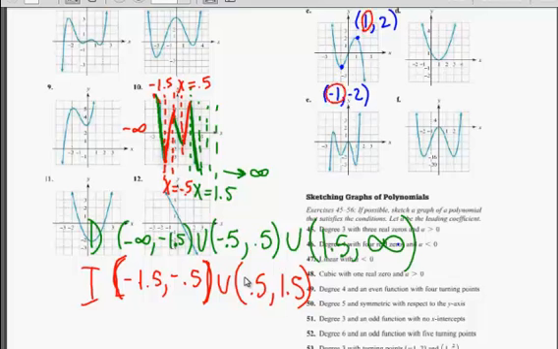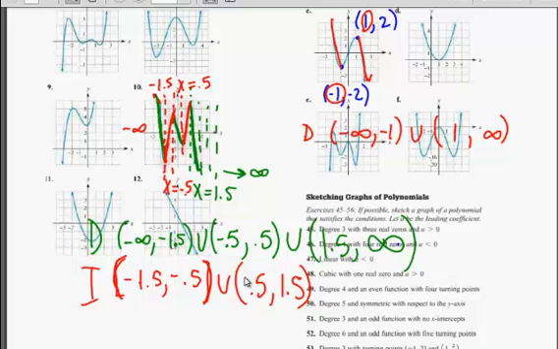If it helps, mark your turning points, because your turning points is where you go from increasing to decreasing, and you're just interested in what's happening at the x value. So this is decreasing, and that starts decreasing at negative infinity because that's got an arrow on it, and it stops at the x value at this point, which is minus 1. And then we're decreasing here as well. Again, it's going to end at infinity, but it starts at the x value of this point, which is 1.